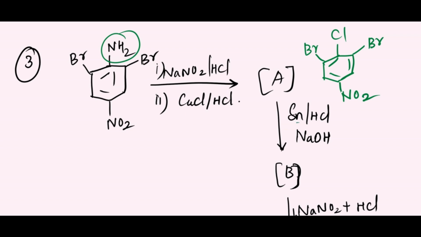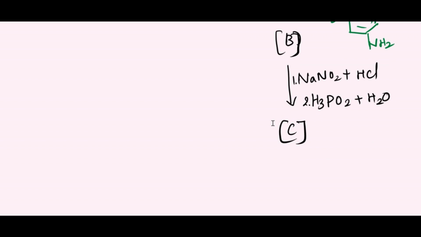So Cl, Br, NO2. Tin HCl, that is a reduction. So the NO2 group will get converted to NH2. So this becomes NH2 and the rest remains intact. The next step, NaNO2 with HCl. What will that do? Diazotisation of the new NH2 group, which will give you N2Cl.